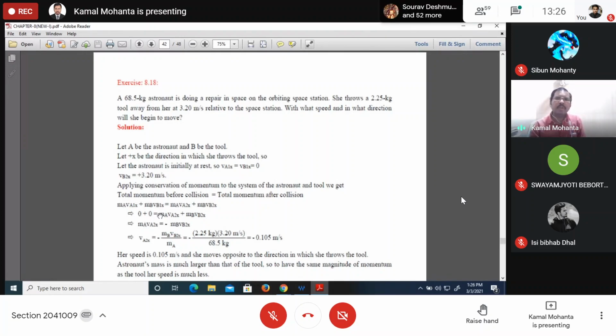We have to calculate with what speed, speed meaning velocity, that is V_A2x, and in what direction she will move. So you simplify it and you will get V_A2x.